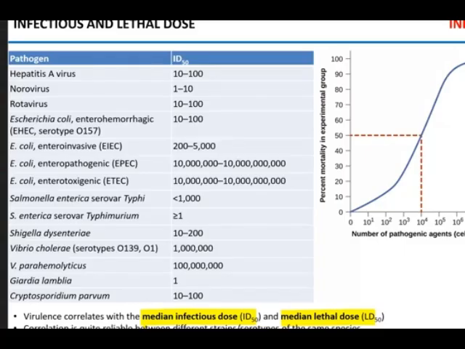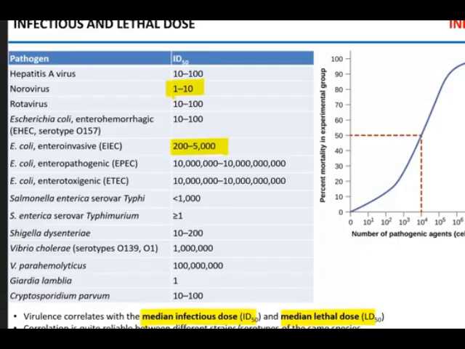You need one particle of a norovirus to develop the disease. You need 200 bacterial cells of E. coli to develop the disease, right? On the first glance, norovirus seems much worse because you need just one tiny particle, right?